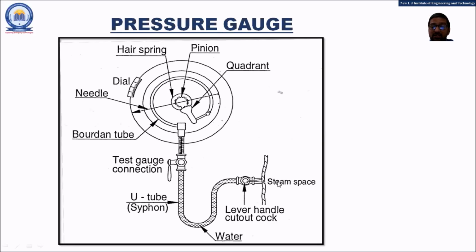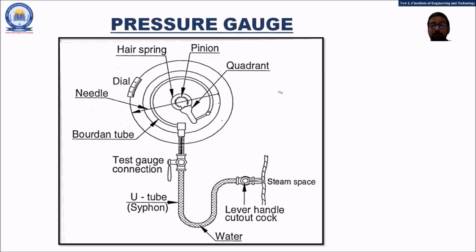The steam which is generated in the boiler will be affecting the water which is collected in the U-tube siphon pipe. Because of these effects of the steam on the water collected in the U-tube siphon pipe, this U-tube siphon pipe will try to straighten itself.